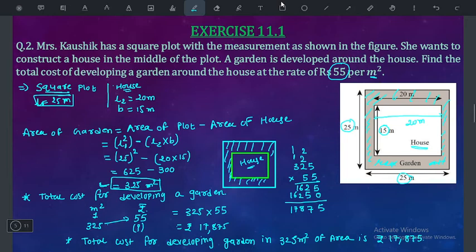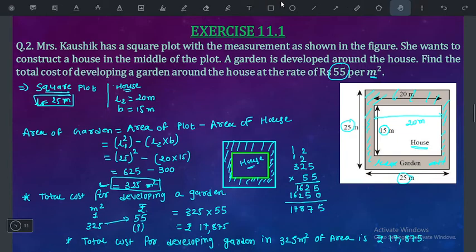First of all, we find out the area of the garden. How can we find out the area of the garden? We find out the area of the plot and the area of the house. The plot shape is square, so we use the formula of square, and our house is in the shape of a rectangle, so we use the formula of rectangle.